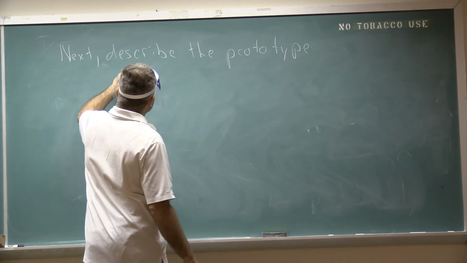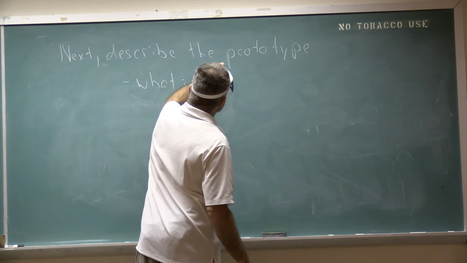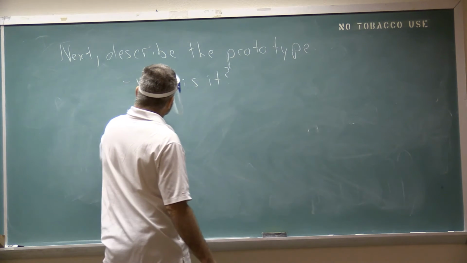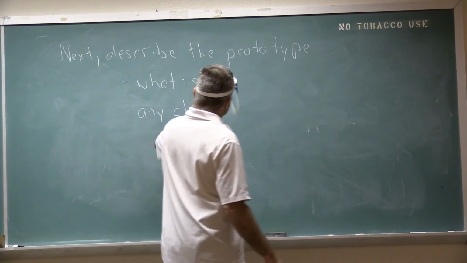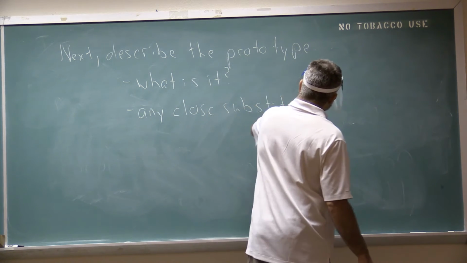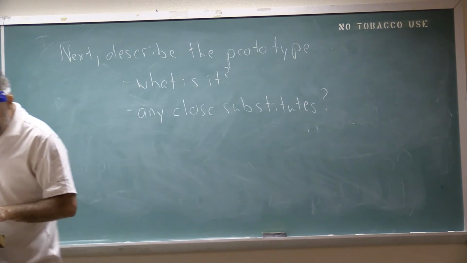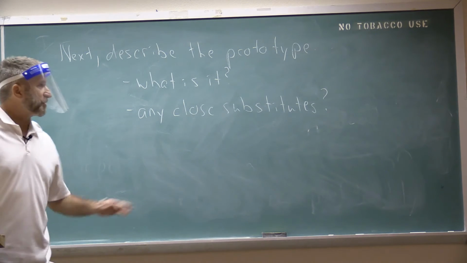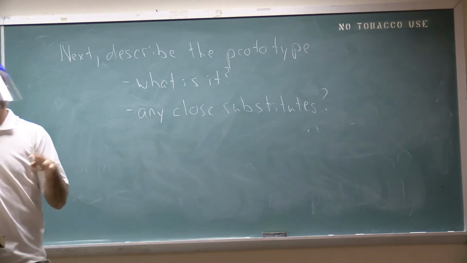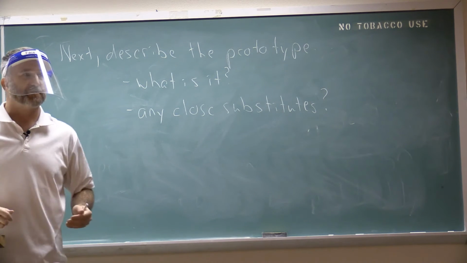So we're talking about, what is it? Whether there are any close substitutes. Most of y'all chose to do a new variety of an existing product, so when you're describing what it is and whether any close substitutes, you describe there's all these other varieties out here, we're thinking of this other new variety.